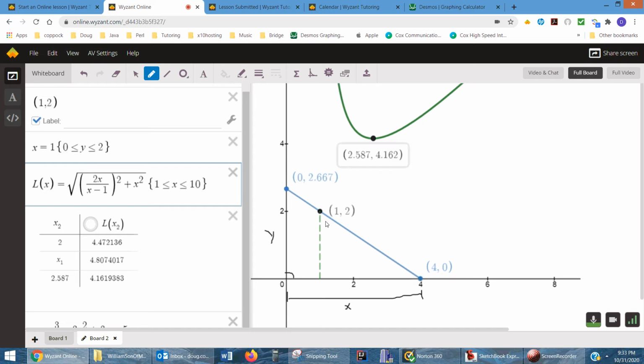And what you want to get used to in these problems, related rate problems or optimization problems where you have a right triangle, is start looking for similar triangles. So the big triangle here is similar to this triangle here, where we have the vertical side right here.